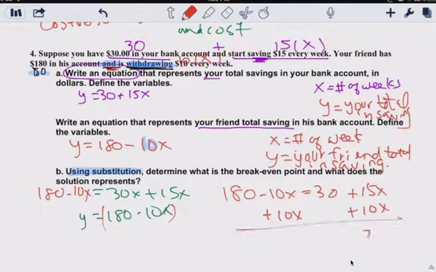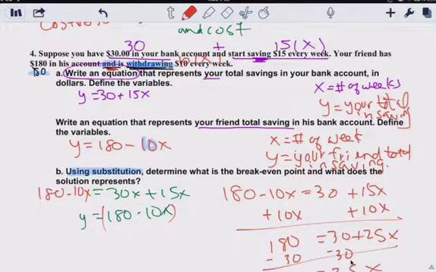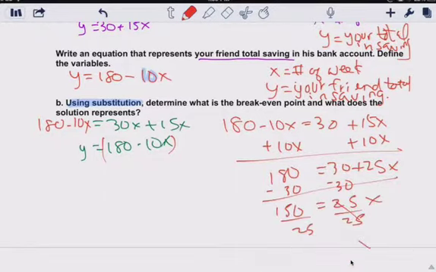You would get 25x plus 30, 180. x equals 6. Is it 6? No, I think so. 4 is 100, right? 6.